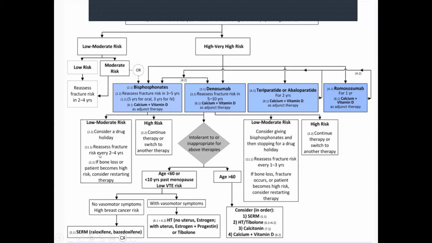So of course, for patients with a low risk for fractures or postmenopausal osteoporosis around the perimenopausal time, we can consider HRT or selective estrogen receptor modulators. However, these agents are more beneficial for patients who are at lower risk for fractures.